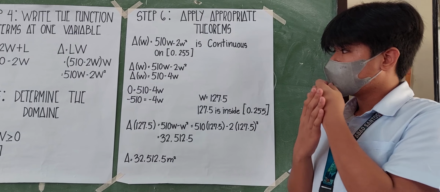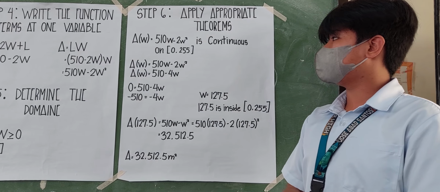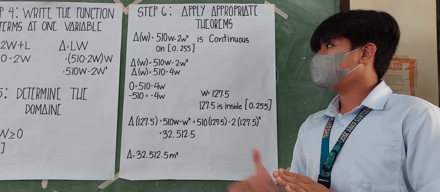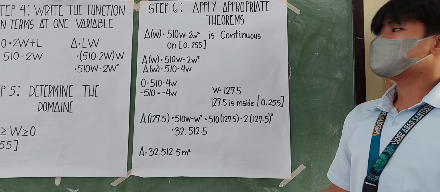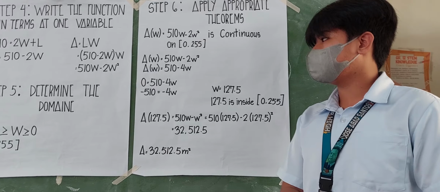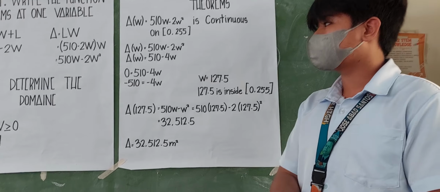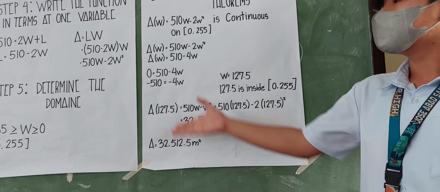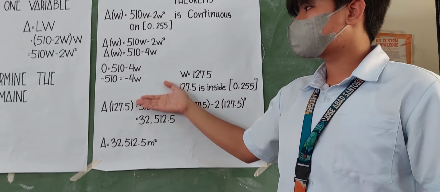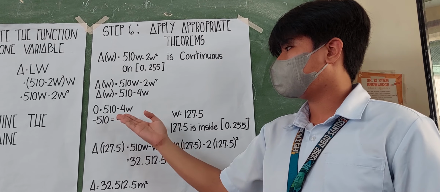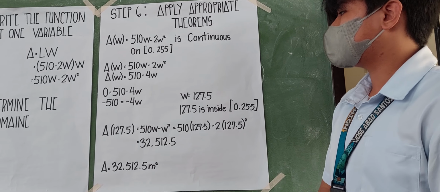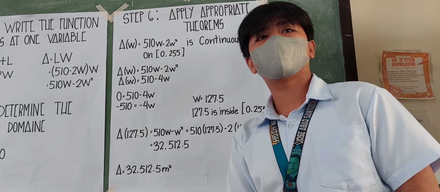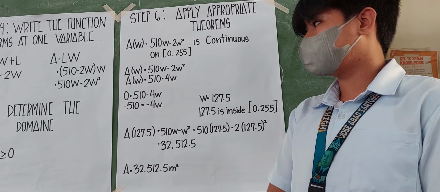So, the derivative of 510W minus 2W squared is 510 minus 4W. Set our slope to 0 and we will have 0 is equal to 510 minus 4W. Subtract 510 from both sides and we will have negative 510 is equal to negative 4W. Multiplying negative 1 to both sides, we will have 4W is equal to 510.